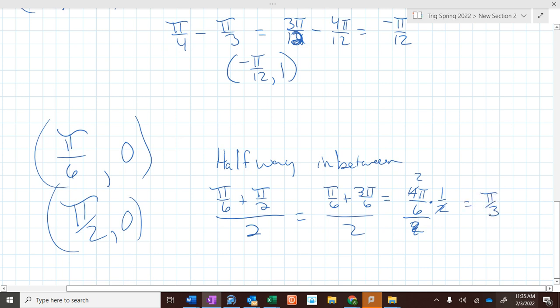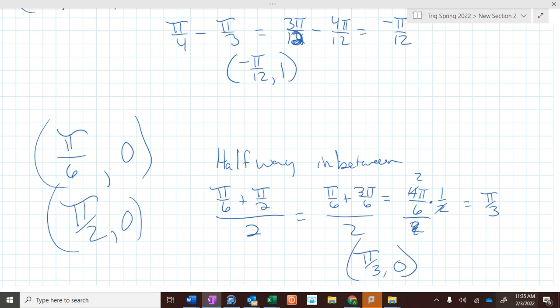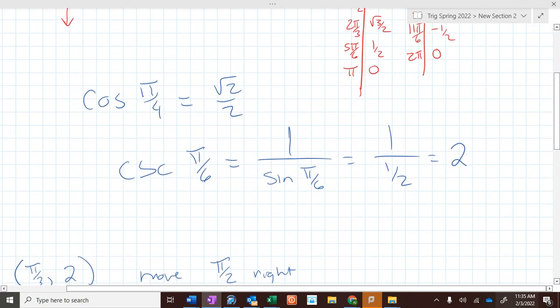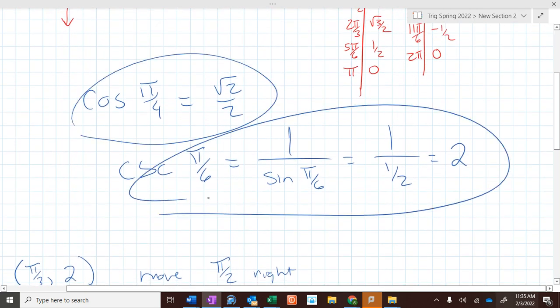Pi over 3. So halfway in between pi over 6 and pi over 2 is pi over 3. So the answer is pi over 3, 0, because halfway in between 0 and 0 is still 0. Okay? You think you can handle that?